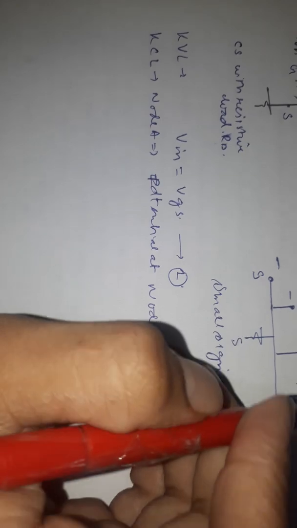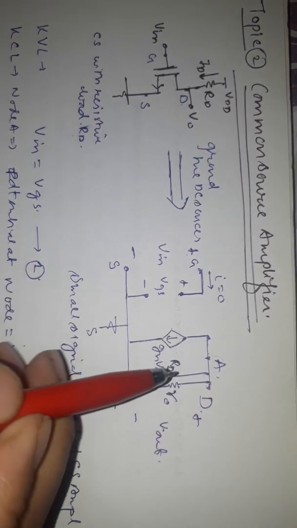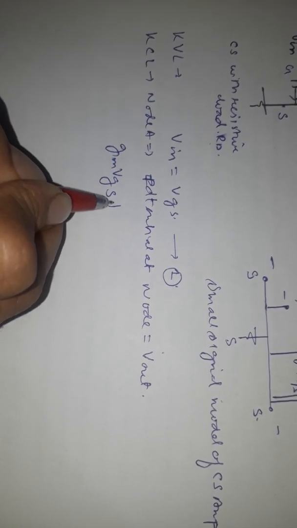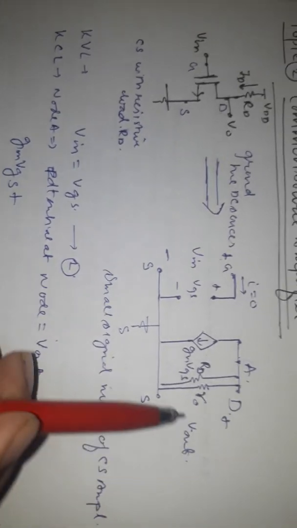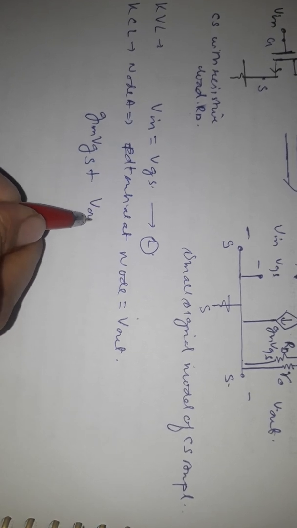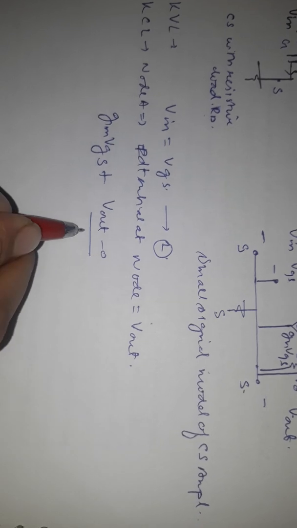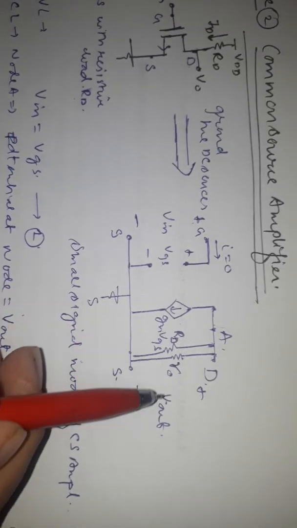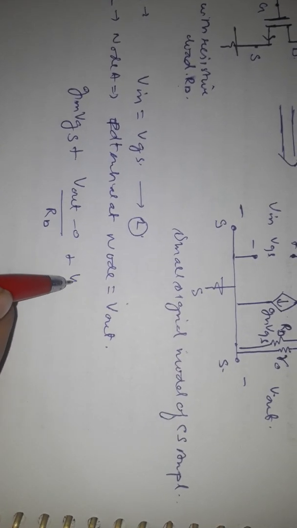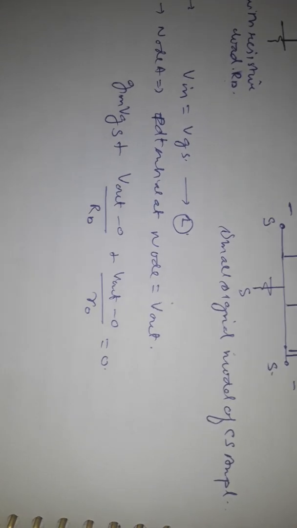Now applying KCL, since the current is going outward from this node A, the potential difference between this and this point is Vout, and this is grounded, so Vout minus 0 by RD. This is RD, and in a similar way Vout minus 0 by R0 is equal to 0.